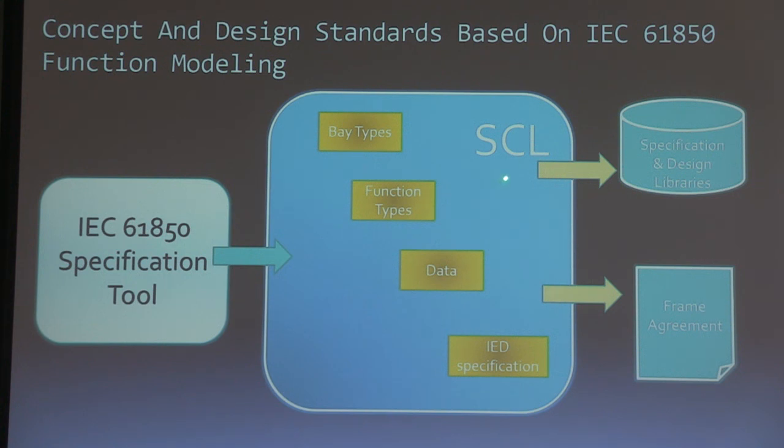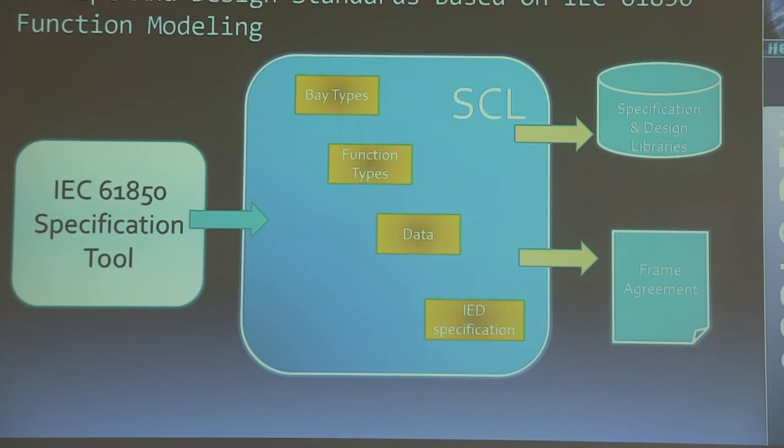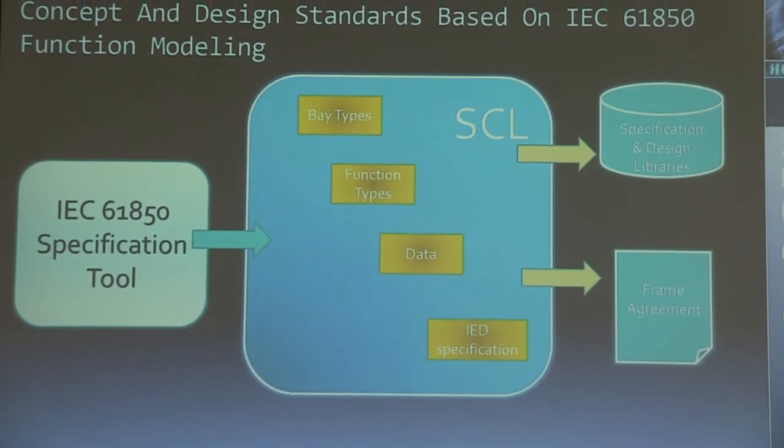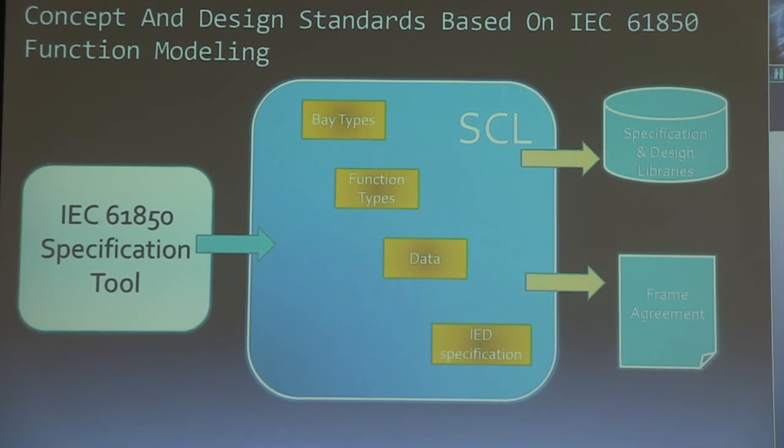So these are examples. There can be a little bit more behind this SCL representation. And once this work is done by the utility, then they have a formalized representation of their specification, and they put this into specification and design libraries. I say here specification and design libraries because you can imagine to have a complete relay independent specification using this part here, or you include already relay details because you have a certain set of relays you're going to use, and then as a utility you have such a library as a result of your standardization work.